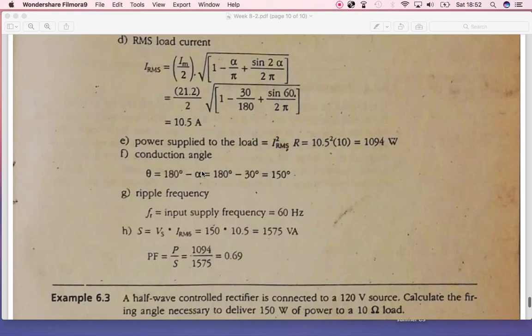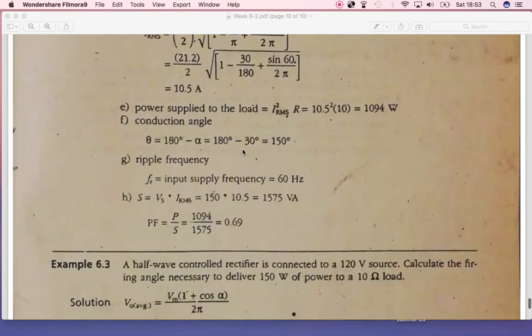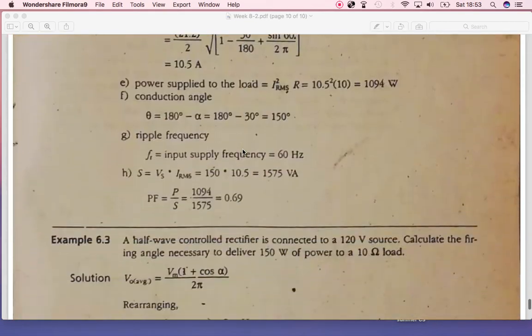And we already know that alpha is the firing angle, and we have to see the conduction which will happen after alpha till phi. So theta, the conduction angle, is 180 degree minus alpha, which is 150 degree. We have the ripple frequency of the AC signal, which is by default 60 hertz, and it is already given in the formula.